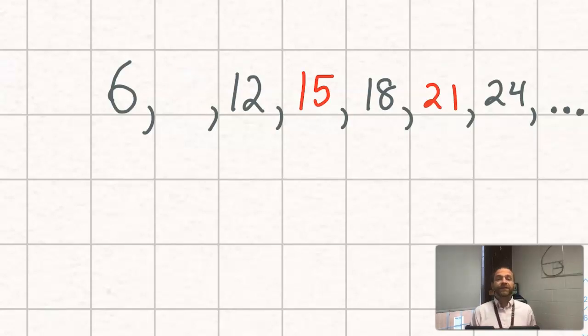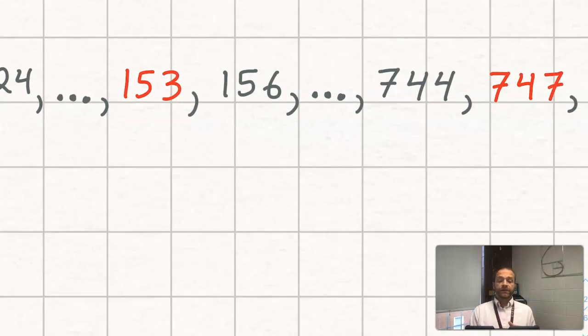So therefore, that one doesn't work. 15, that is divisible by 3, but it's not even. 21, it's divisible by 3, but it's not even. Notice 24, 2 plus 4 is 6, which is divisible by 3, and it's even.